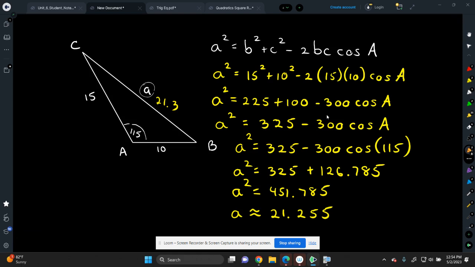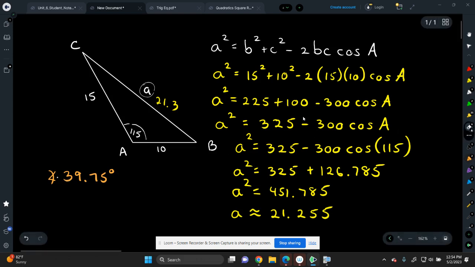Okay, what do you get for angle B? Good. 39.75 degrees. And then angle C. Oops. I'm getting really small numbers. I'm not too sure what.